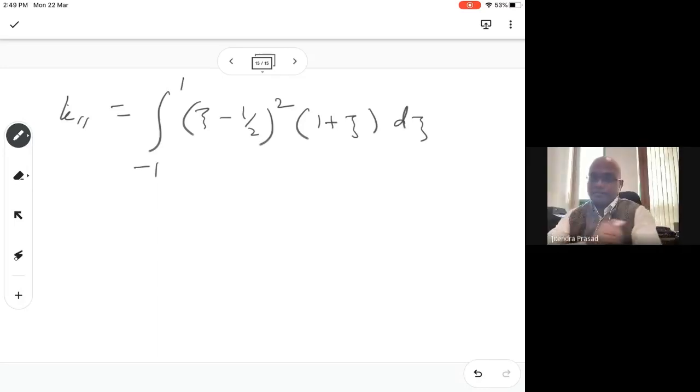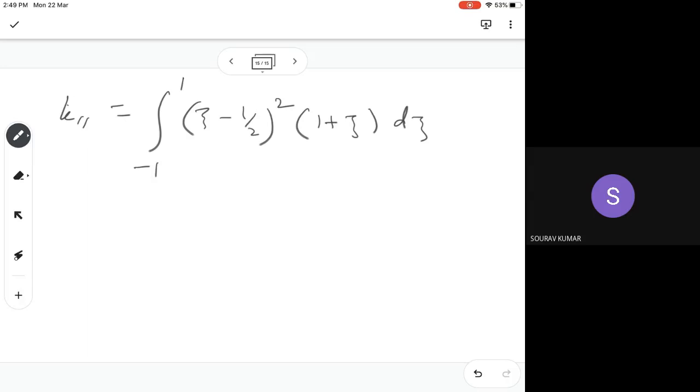Sir, I have a doubt in problem number 5.5. The element is only one, which is three-noded, and from node 1 to 2 the area is varying, but from 2 to 3 the area is constant.